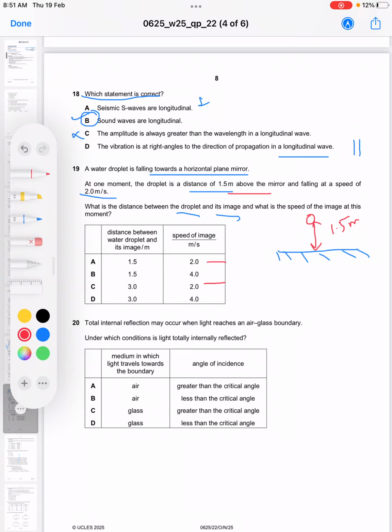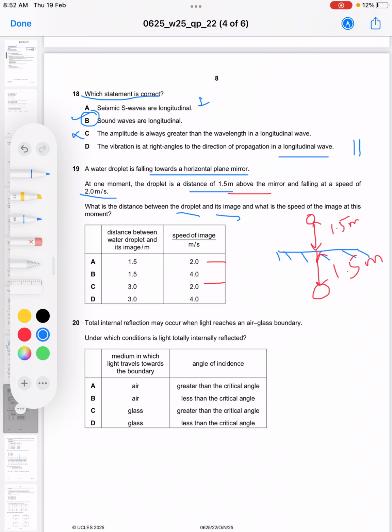Now we will decide the distance between the droplet and the image. We all know that in the case of a plane mirror, our image is exactly the same distance away, only the difference is that one is at the front and the other is at the back of the plane mirror. So this distance is also 1.5.